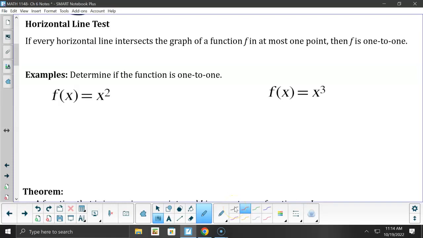So the horizontal line test is just a visual representation of showing that for each x, there's only one y that matches with it. All right, so we've got two example functions that we want to look at. Are we ready to look at those or not quite?